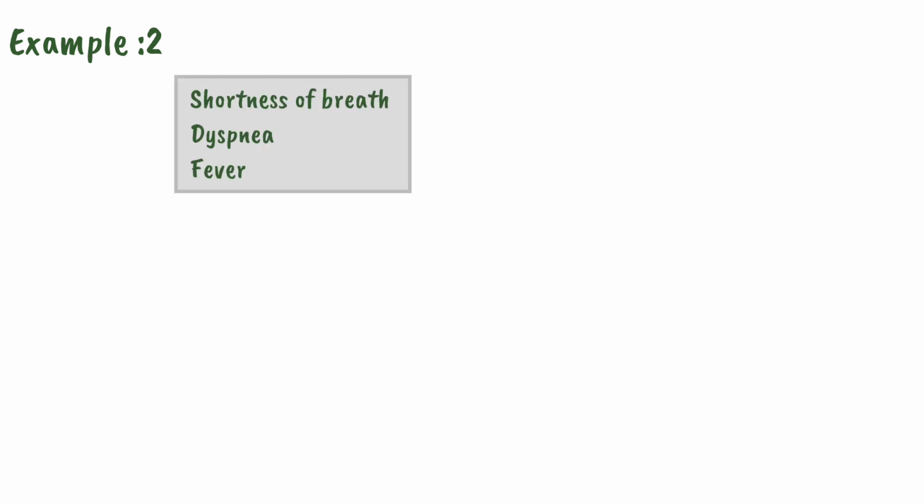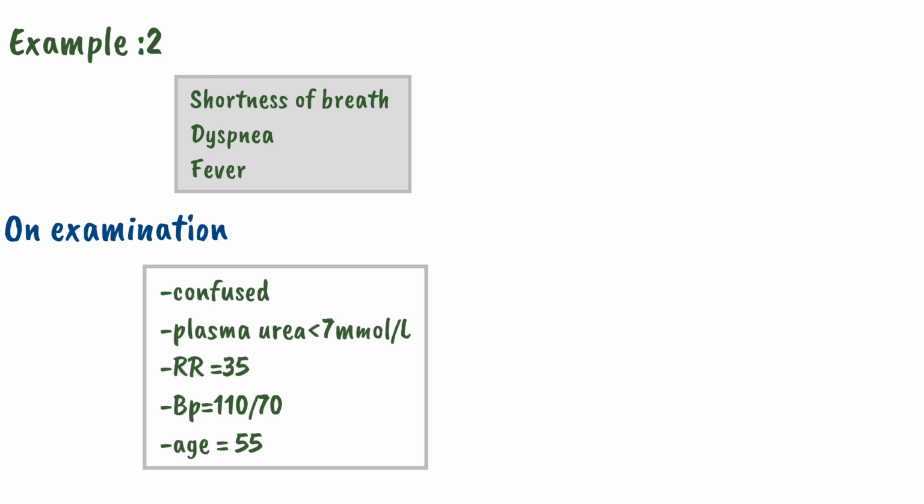Now take another example. For example, a patient presented to emergency with shortness of breath, dyspnea and fever. On examination, you find that the patient is slightly confused. The plasma urea is normal, less than 7 millimole per liter. The respiratory rate is 35 per minute. The blood pressure is 110 by 70 and the age is 55.